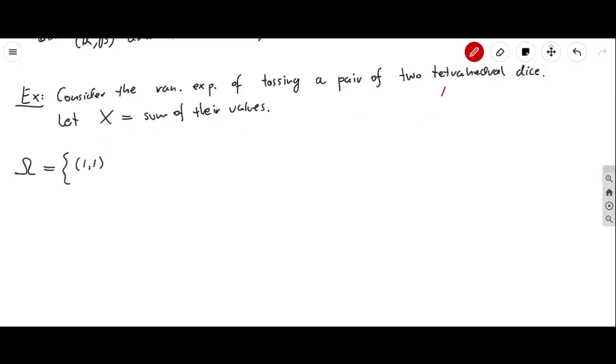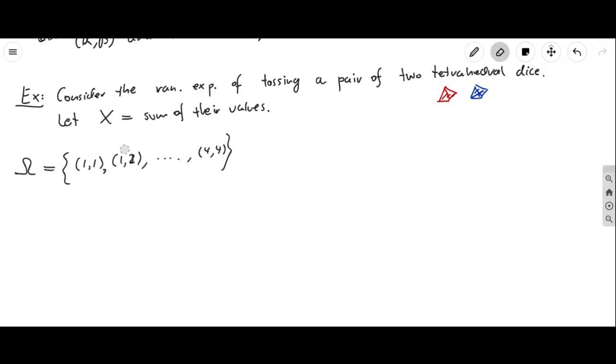You can say that one of them is, let's say, a red die, and the other one is a blue die, so you can tell them apart. Then the first coordinate refers to the red one, and the second coordinate refers to the blue one. Your random experiment will consist of all of these possibilities, and there's going to be a total of 16 of them.